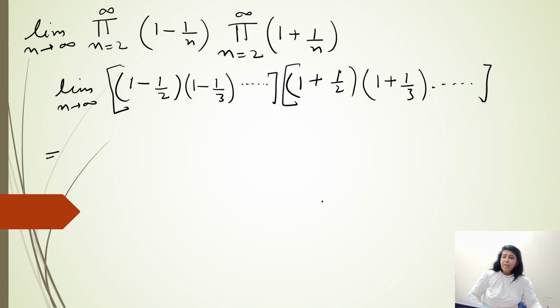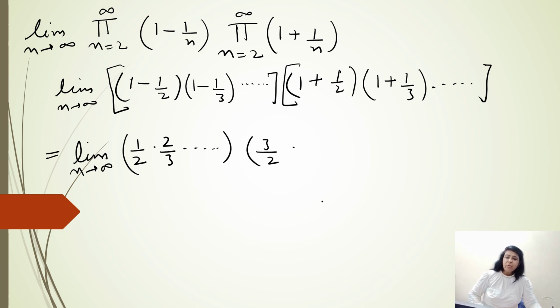So what you will get? Limit n approaches infinity. 1 minus 1 by 2 is 1 by 2. 1 minus 1 by 3 is 3 minus 1, 2 by 3 and so on. And this is equal to 3 by 2, 3 plus 1, 4 by 3 and so on.